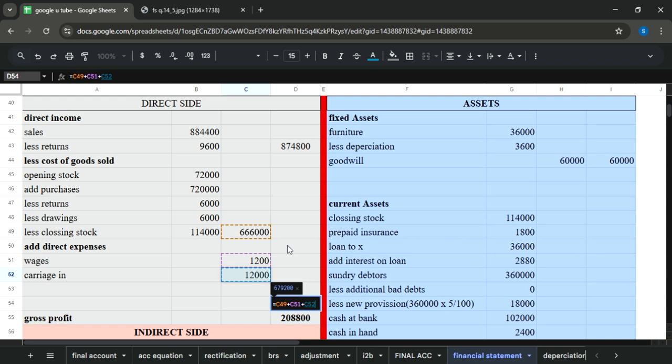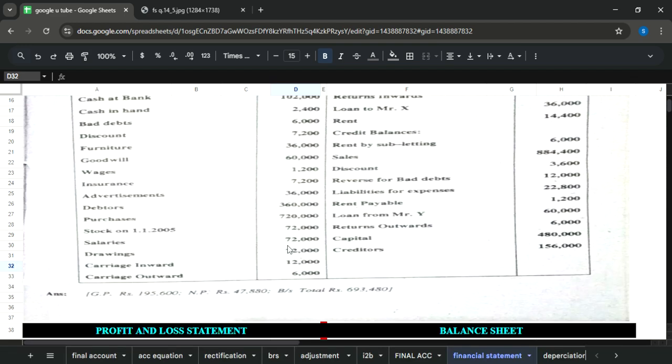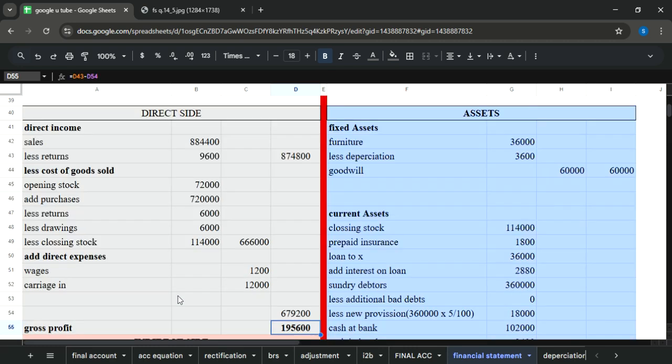So we have got the total, and the cost of goods sold statement has been completed. Look here, your gross profit was 195,600 and you have 195,600. So it means our direct side has been completed. Four sides are required to be completed, and we have completed one-fourth of our question calculation.